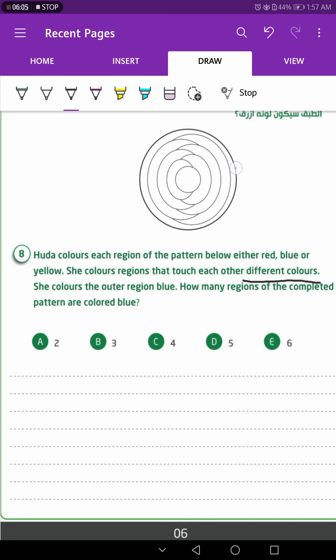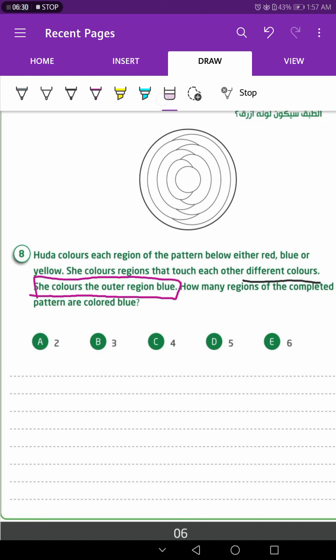If you color this blue, you are not allowed to color this blue. So you have to select another color and keep working like this. But the only condition here is that you have to start the outer region with blue.